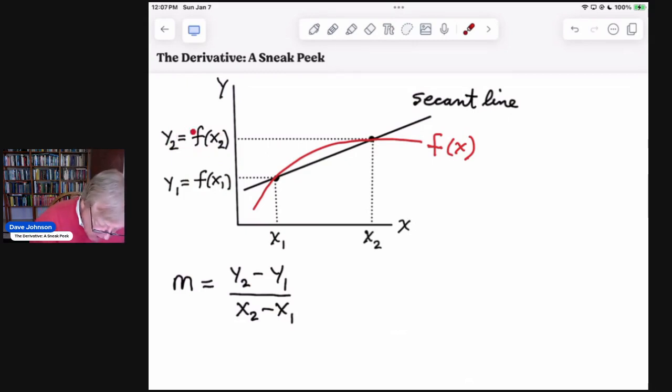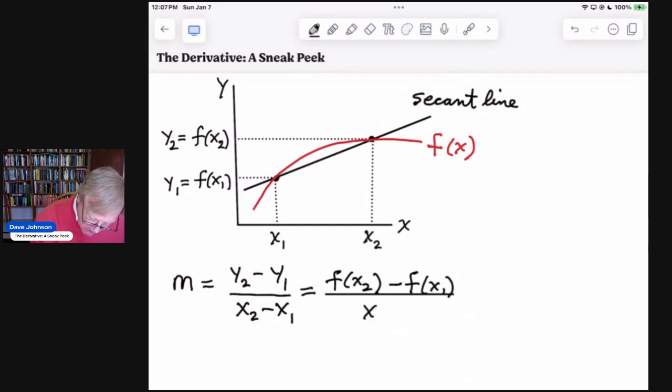The y2 is equal to f of x2. And so I'm going to go ahead and make that substitution in our equation here. So it's still the slope of the same secant line, but y2 is going to be replaced with f of x2, and y1 is going to be replaced with f of x1, and then still dividing by x2 minus x1.